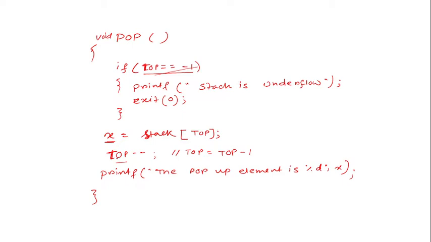So before doing top minus minus, it is always recommended to store the top element inside a variable. Now you can show the popped element: percentage d comma x. So this is the popped element.